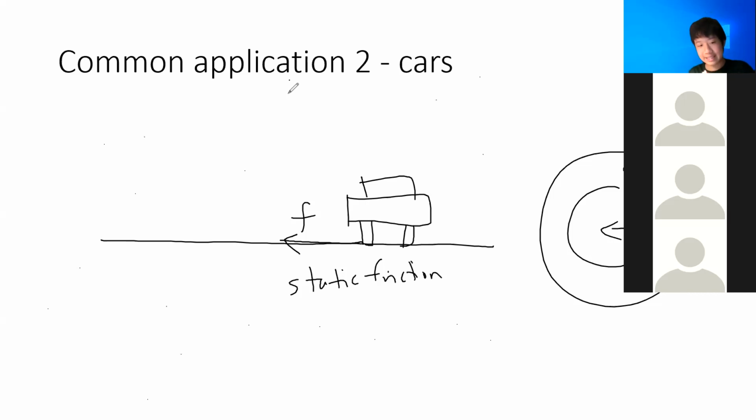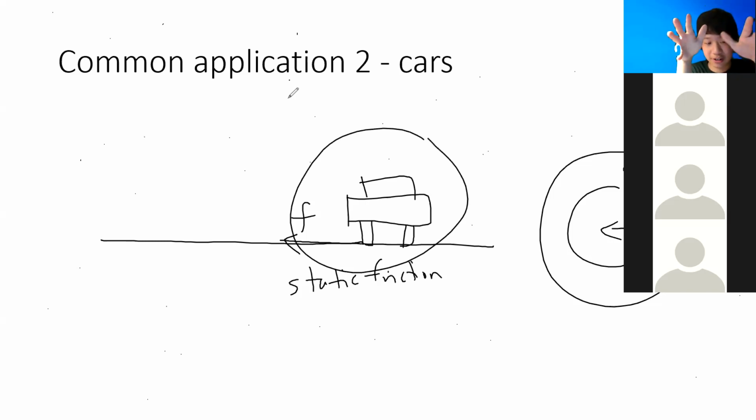So why is it static friction? Why not kinetic friction? The car's moving, right? Shouldn't that mean the car is undergoing kinetic friction? But if we look at the instant right here, if we were to take a snapshot of it, it's going forward into the page. But is it going at any velocity left or right?